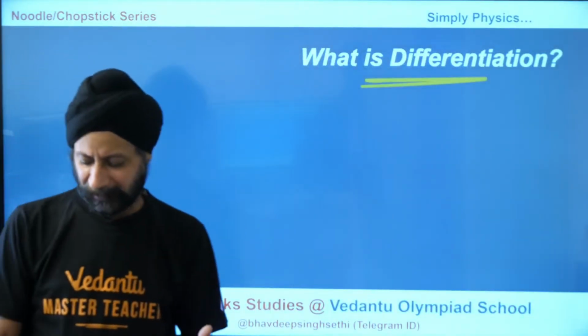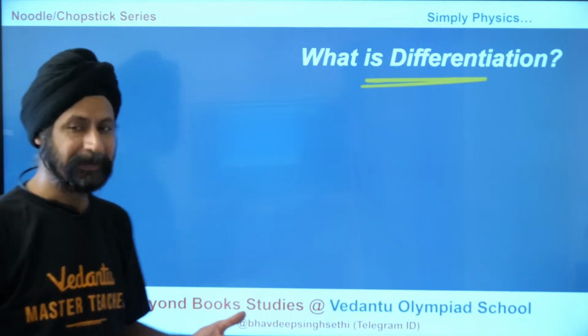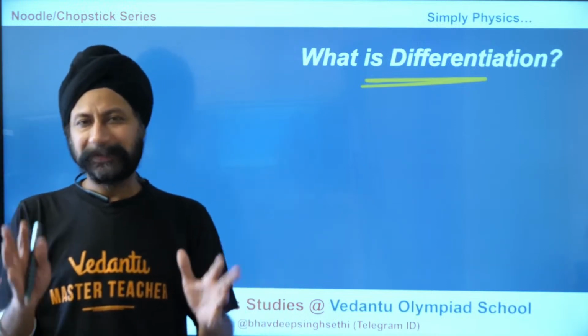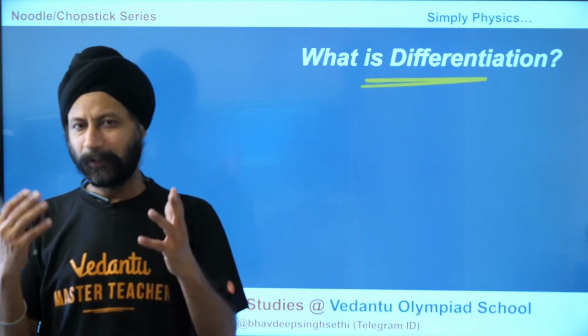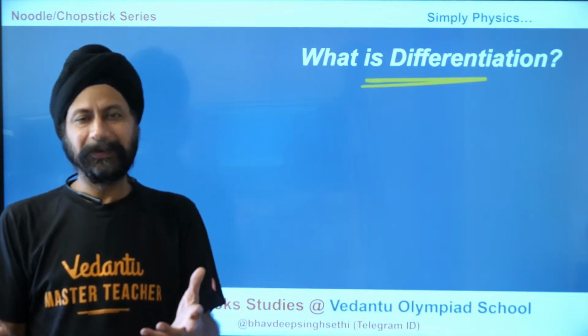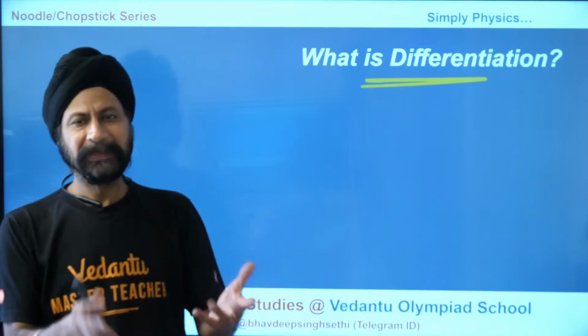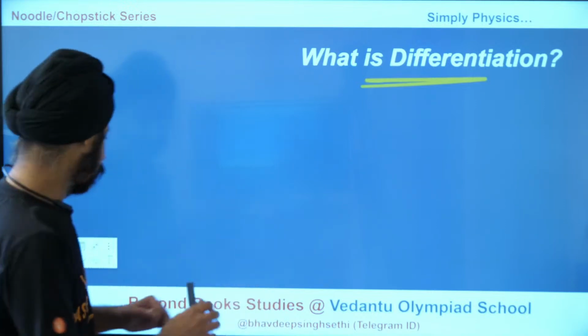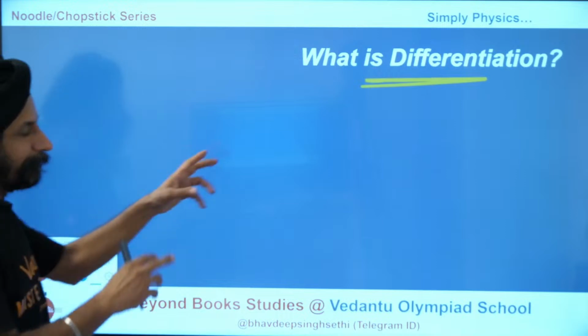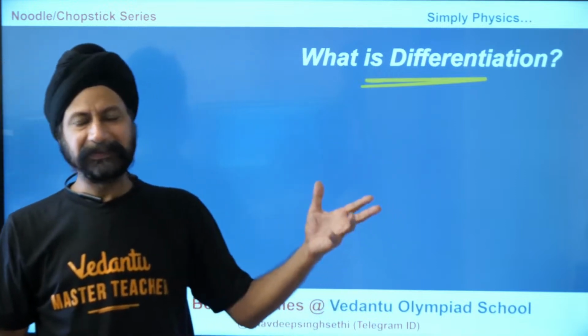But before that, what is differentiation? This is not a calculus class. I'm assuming that you've already taken some classes earlier with me, either on YouTube or in some other sessions, and you know what differentiation is, but this is just a recap.